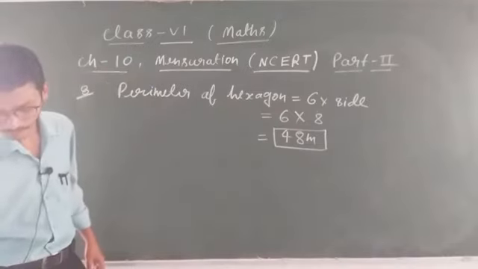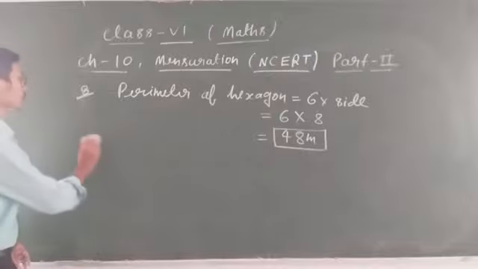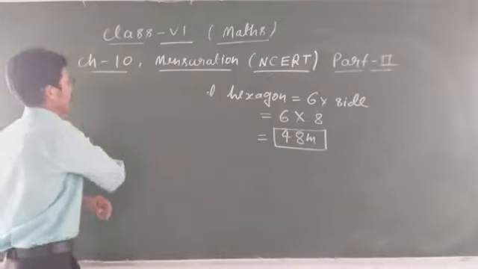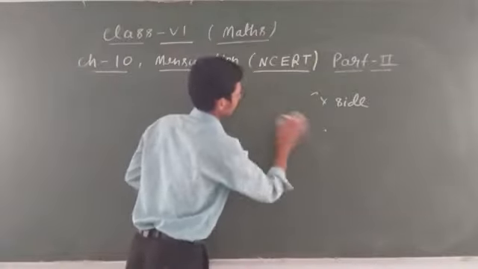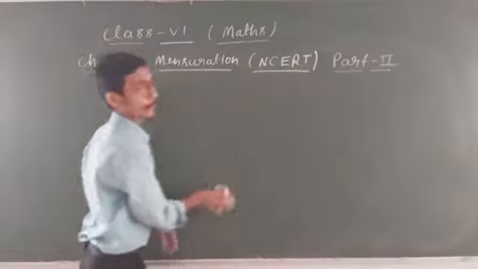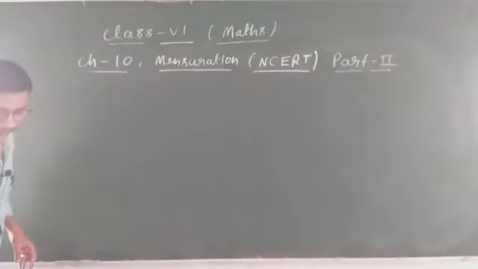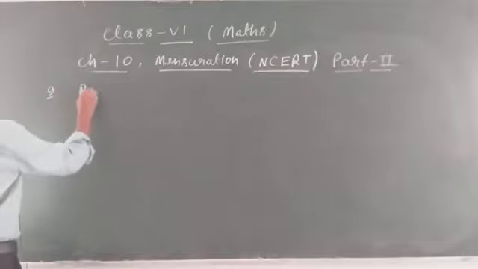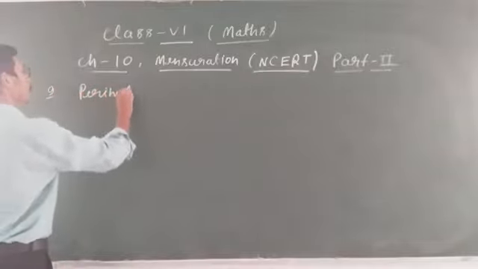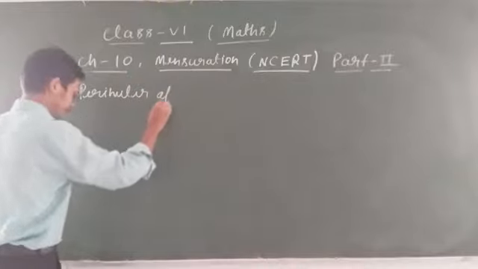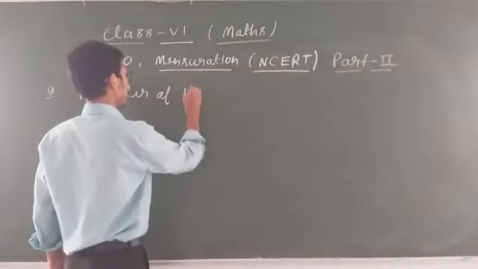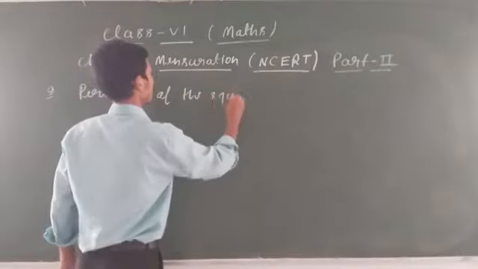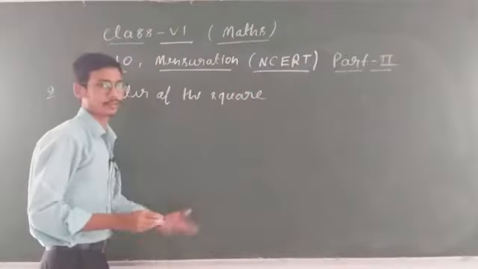Okay. Now come to question number 9. You know the perimeter of the square. Clear student? So what is the perimeter of the square, student? Question number 9. Perimeter of square, you know that, student, what? 4 sides, na?